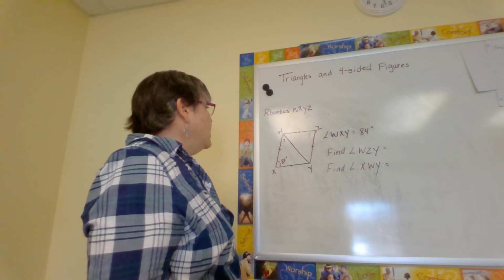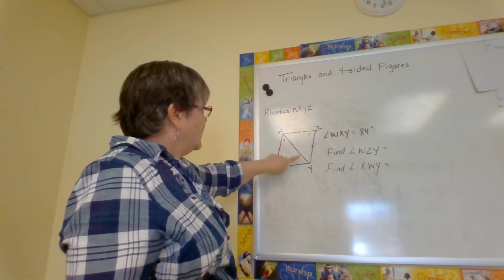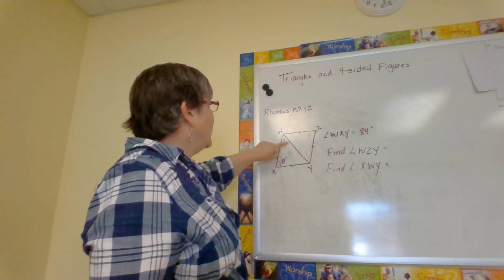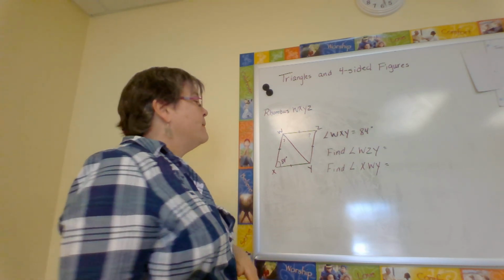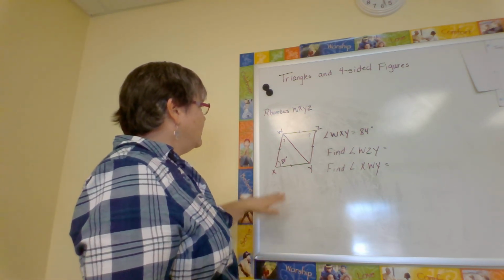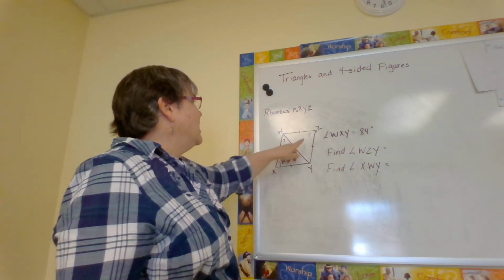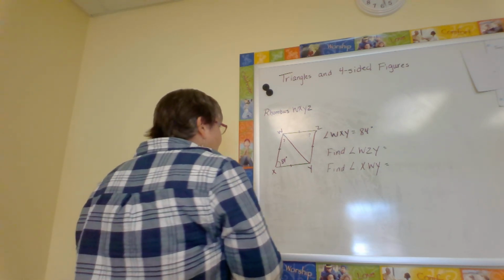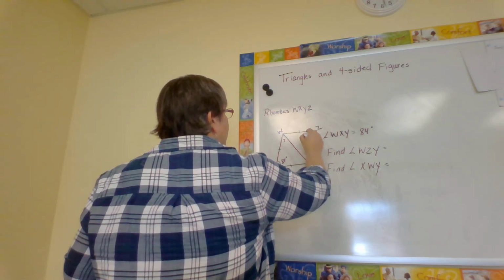So we know that this angle and this angle have to be the same. We know that this angle and this angle have to be the same. Because it's a rhombus and a rhombus has parallel lines, we also know right off the bat that angle WZY equals 84 degrees.